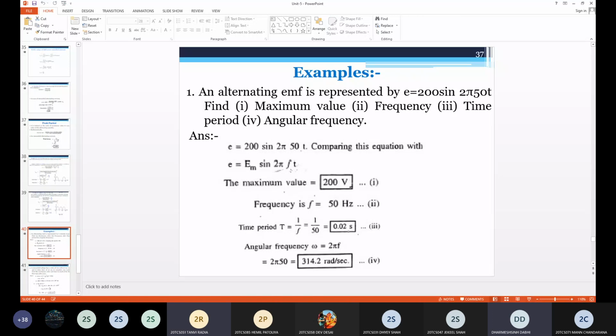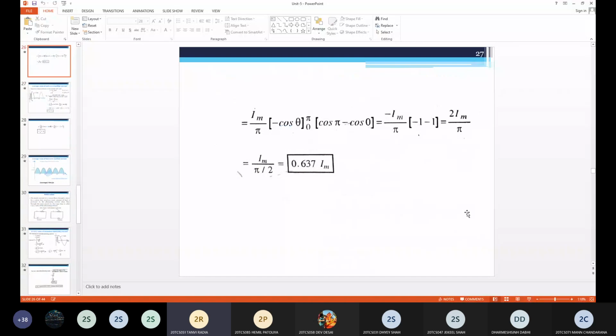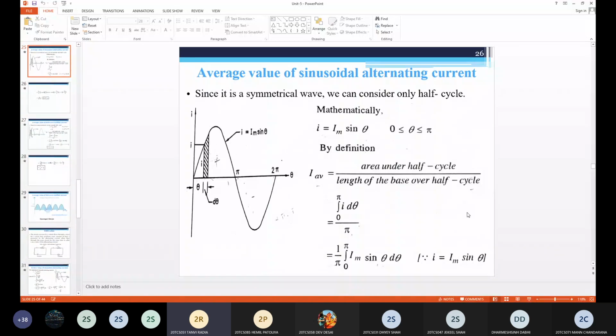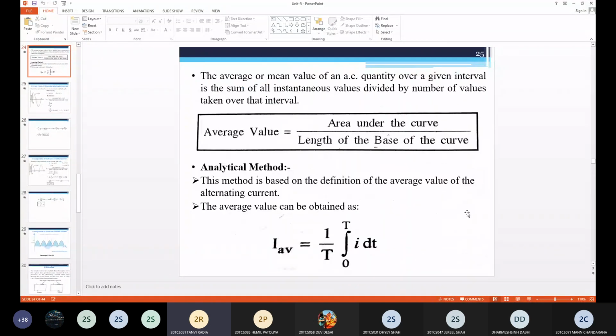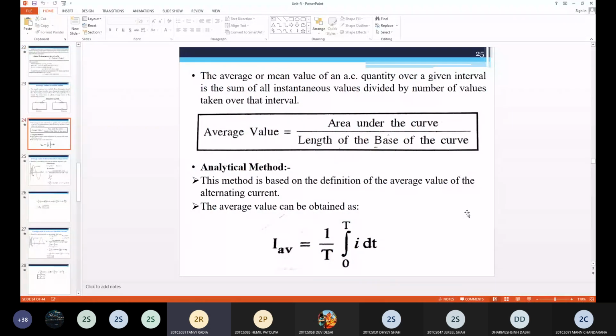Sir, in case of the average value of sinusoidal alternating current, in the derivation, can we try another method, sir? I equals Im sin omega t as the first equation, and another formula Q equals I t, and by taking the derivative, dq equals I dt.